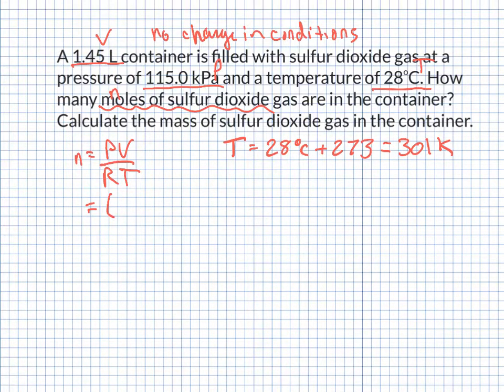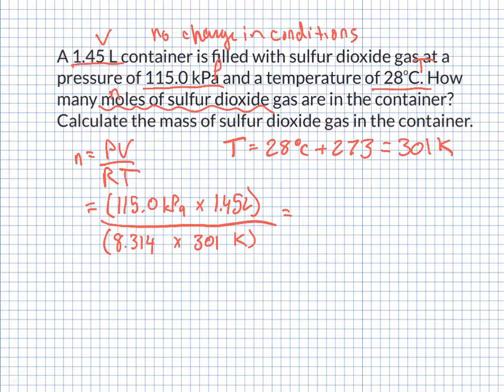Open a parentheses, pressure of 115.0 kPa times a volume of 1.45 liters, close parentheses, divided by, open a parentheses, R. You have to pick the right R. This R value needs to have the kPa, and to do that, it's the 8.314 value times the temperature of 301 K, close parentheses.